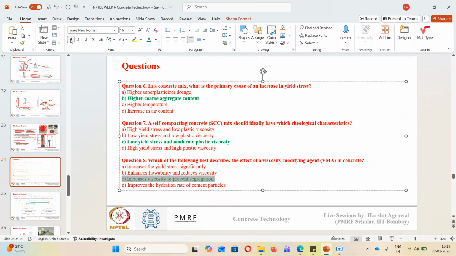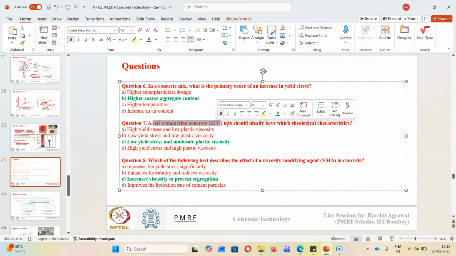A viscosity modifying admixture increases the plastic viscosity of a system without significantly affecting the yield stress. And such admixtures are used in self-compacting concrete, because in self-compacting concrete we have a very high W by C ratio and very high flowability, and with such high flowability there are higher chances of segregation and bleeding because of low viscosity.